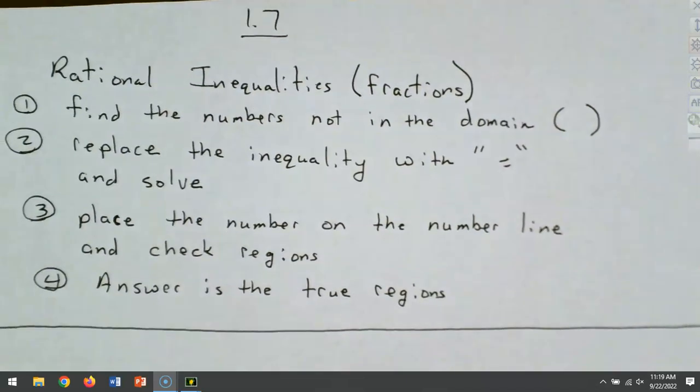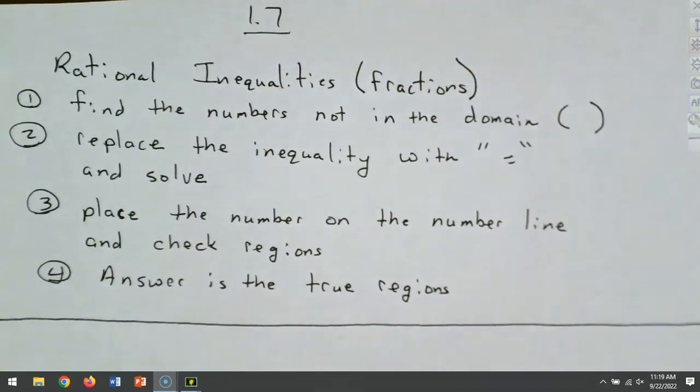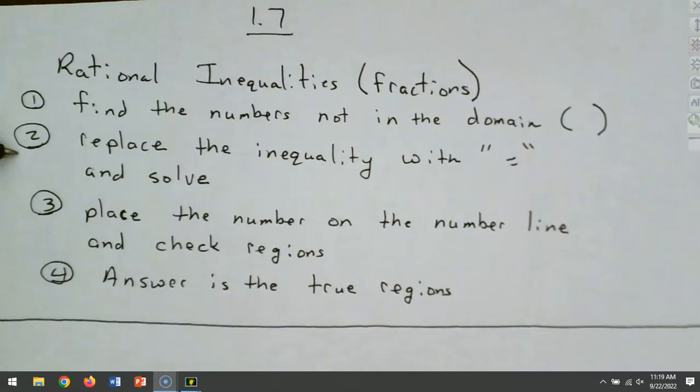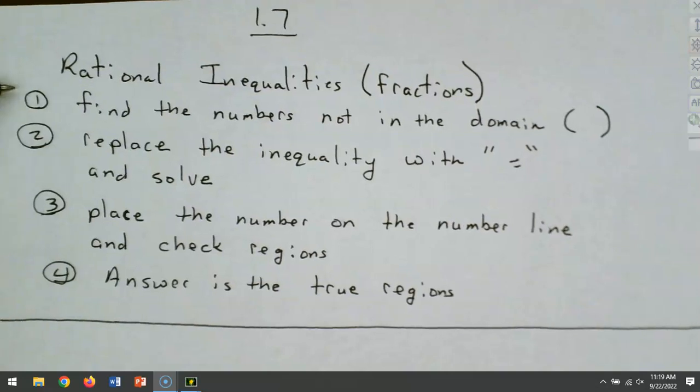So we're going to be looking at rational inequalities, and these are our fractions. And so the first thing we're going to do is find out what number or numbers do not exist. So division by 0. Then we set it equal and we solve. And you may or you may not get an answer here.